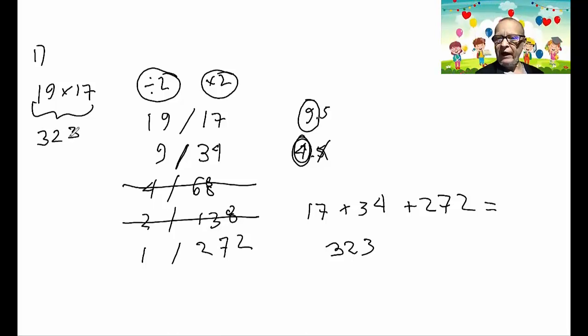Now you may ask, well, what if I decide to do it in the other direction? Well, let's try that. I'm going to clear this and start all over again with the original problem, 19 times 17.